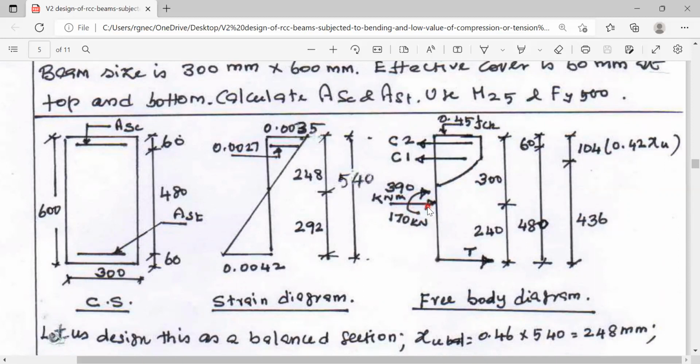This is 170 kN, and this is the tension reinforcement. If you take moment about this tension steel for this 170 kN, it is a clockwise moment. These two are causing clockwise moment.